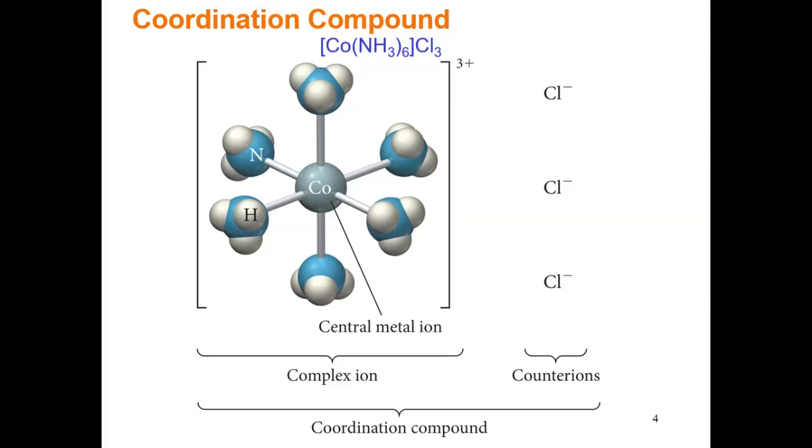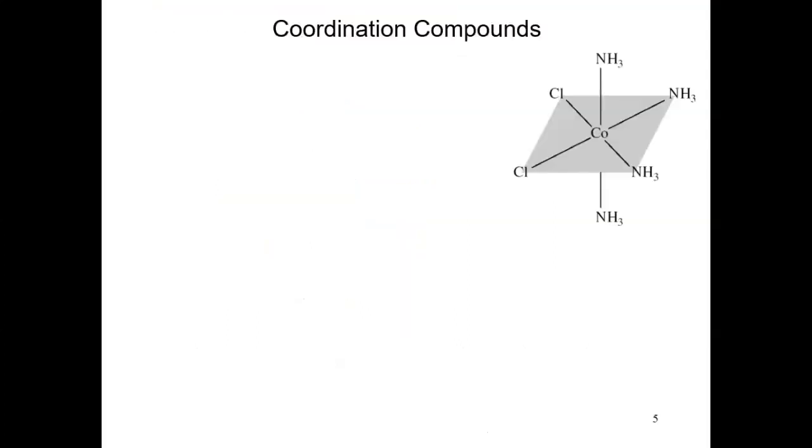Many of these compounds are water soluble because they are ionic and very easy to dissolve. And like I said, they give rise to solutions that typically have very bright colors. Or alternatively, you can take the solution, vaporize the water, and recover the crystalline solids that are made by these coordination compounds, all right?